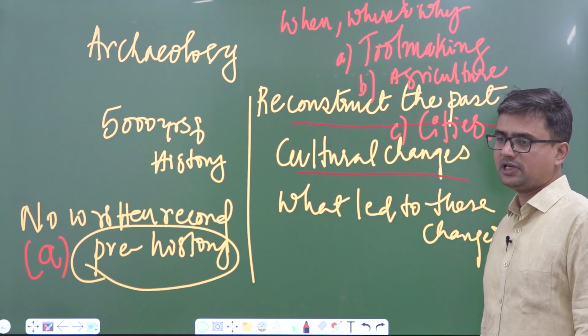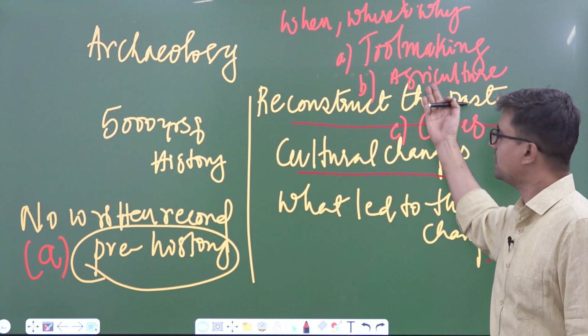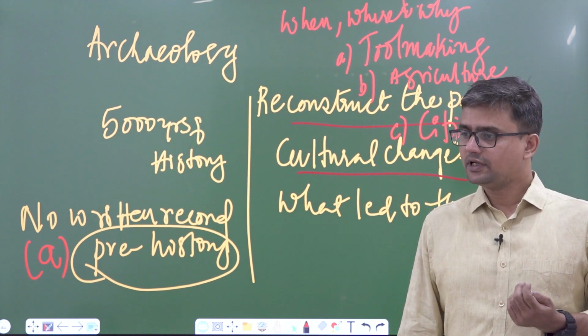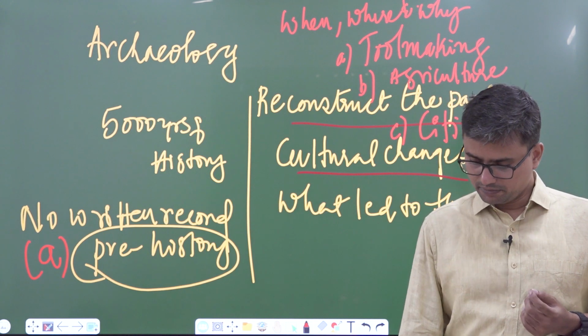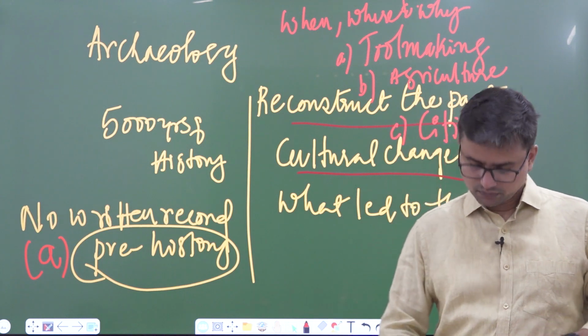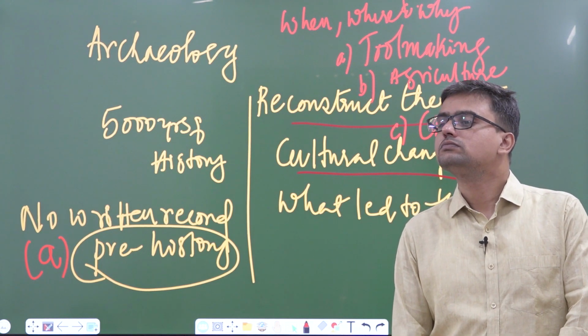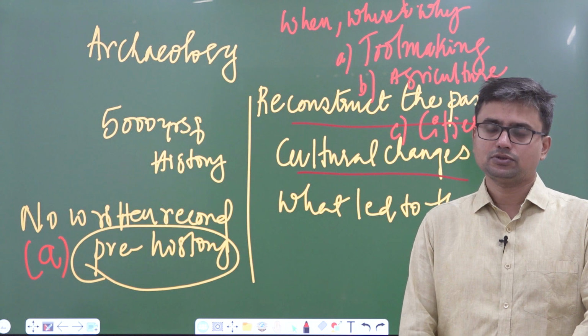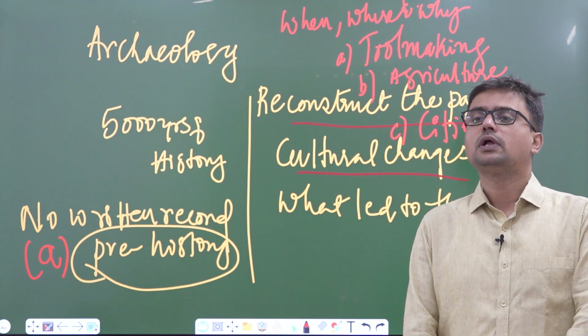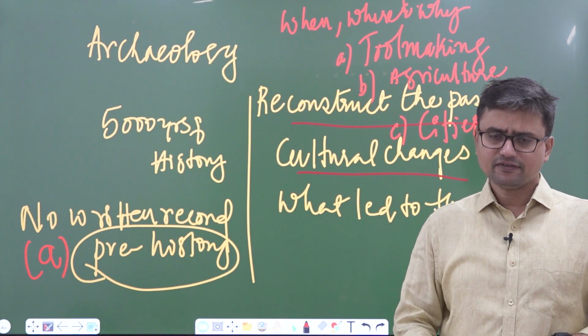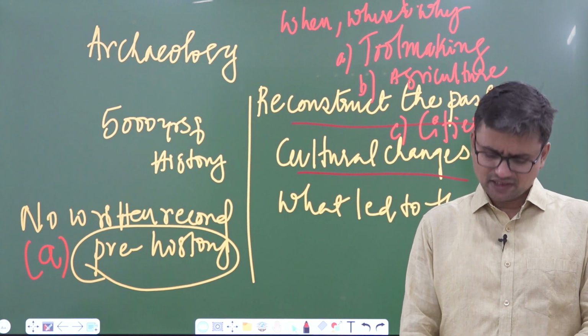Why should we seek an answer, madam, for a question like when agriculture started? What is the advantage of settling down at a place? Evolution of Janpadas, Mahajanpadas. Okay, good. Yes, madam. What is the advantage of agriculture? क्यों करना है agriculture?